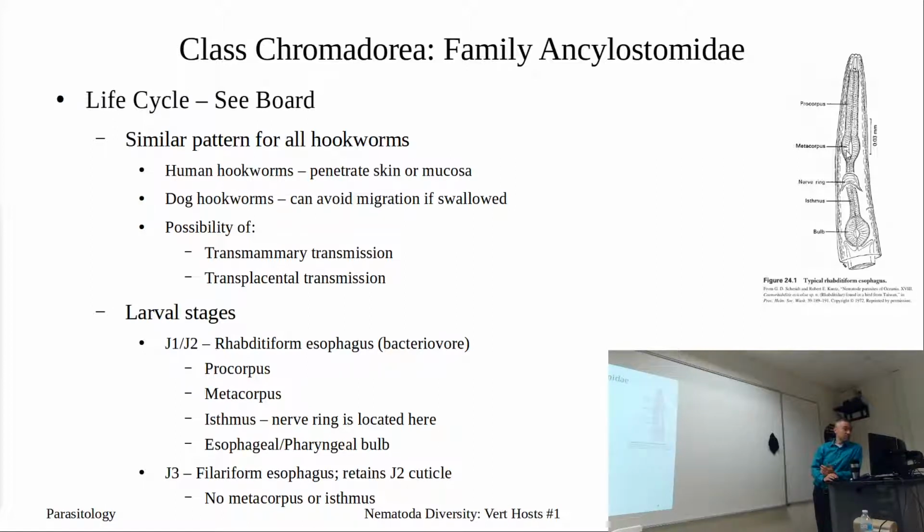The slight bulge that it develops, that's called the metacorpus. And then the narrowing is the isthmus. And that narrowing is where we would find the nerve ring. And then we've got enlargement for the bulb, esophageal bulb or pharyngeal bulb.